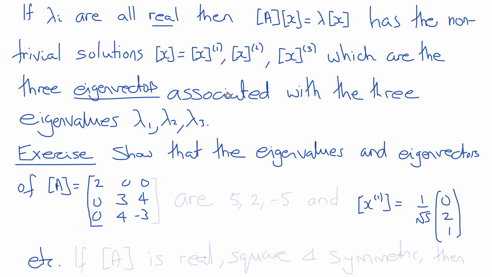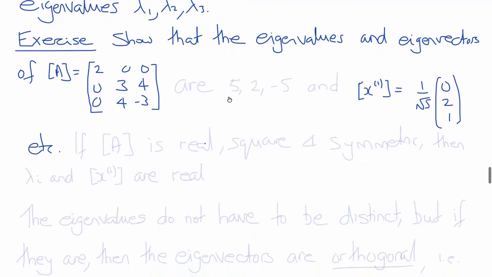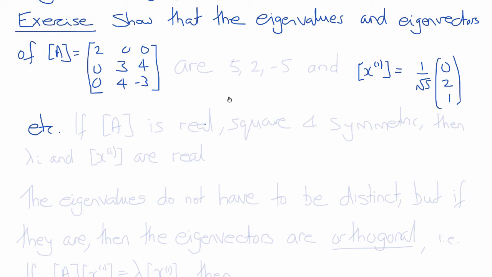It's easy to show that the eigenvalues for this problem are 5, 2, and negative 5. And the first eigenvector is 1 over root 5 times (0, 2, 1). I'll let you work out the other two. Notice we divided the components 0, 2, 1 by the square root of 5 so that the eigenvector would be normalized, which is conventional.